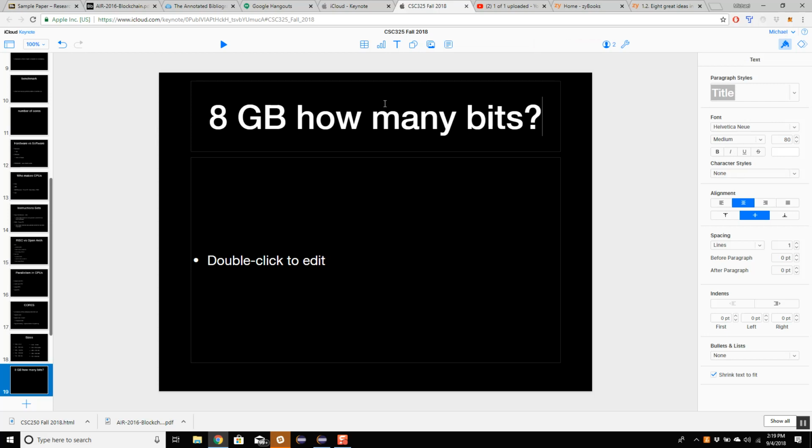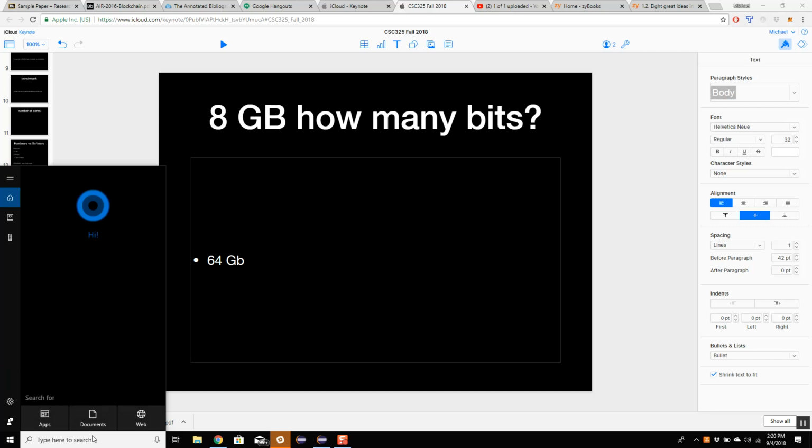Just figure out how many bytes and then multiply by 8. Okay, well, right off the bat, you can jump it over to the other station by multiplying by 8, right? So this is actually 64 gigabits. And then we multiply it by 1,024 to get us to megabits.